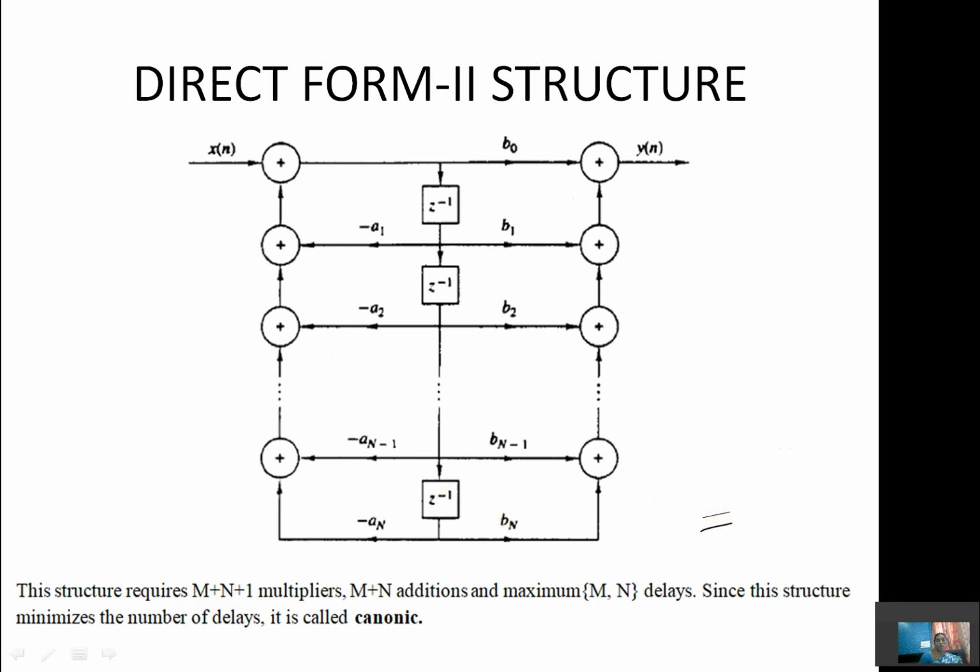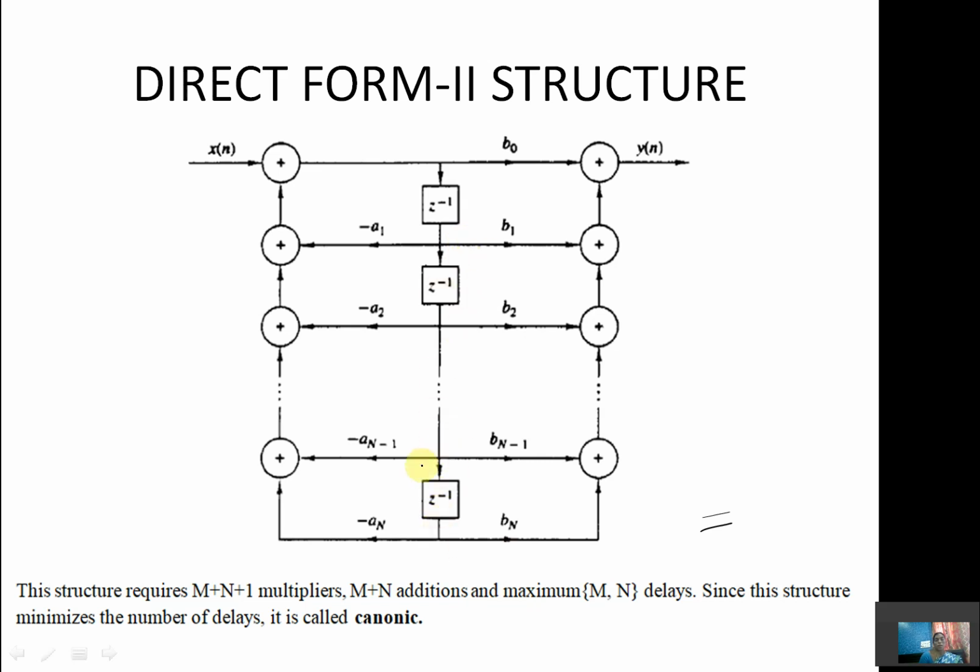So in this way we can reduce the number of memory units when compared with the direct form 1. This structure requires m plus n plus 1 multipliers, of course same with the direct form 1, m plus n additions, this one also same with the direct form 1 structure. But here observe the delay units. Delay units are reduced here.